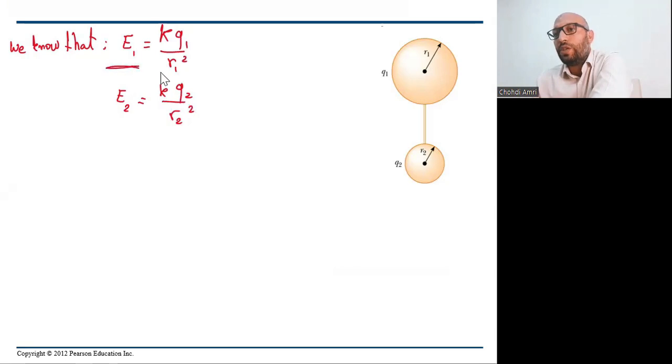He's asking about the ratio, which means we will divide. The K will cancel, so we get Q1 over Q2 multiplied by R2 squared divided by R1 squared. This is the ratio.